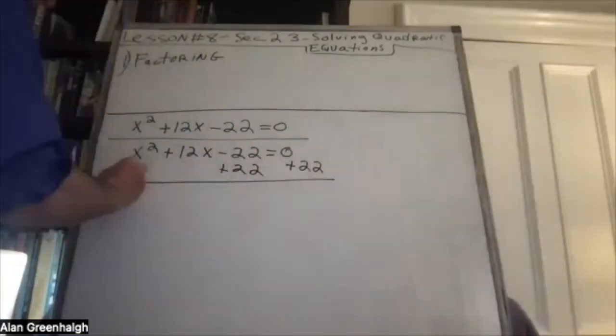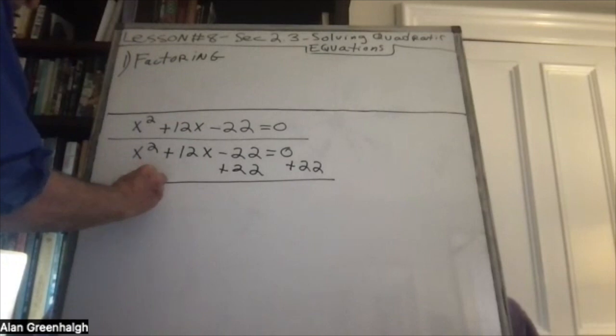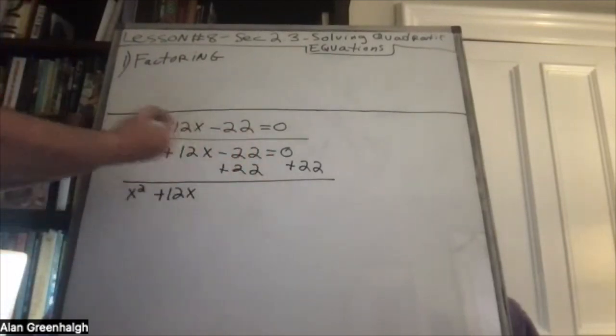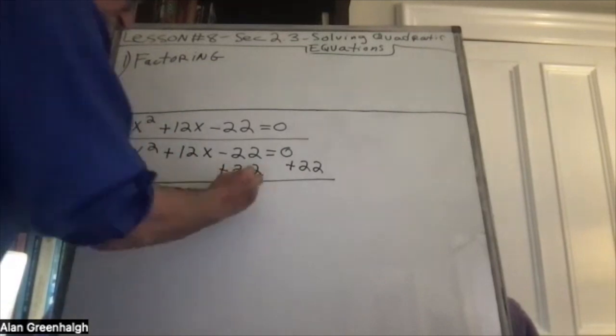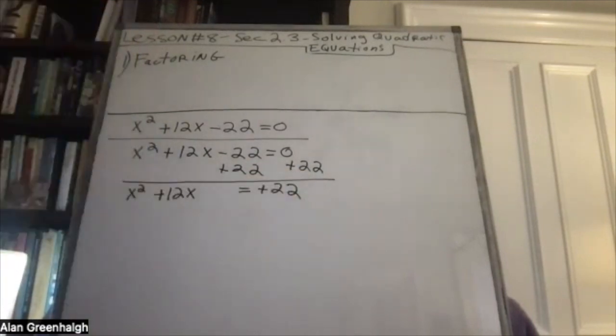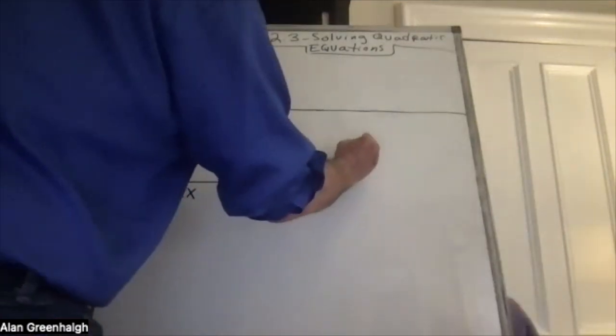Now, I know that this is unusual, to say the least, because I've just told you that you try to bring everything to the left, but not in this type of solution. In this type of solution, when you're not doing it by factoring, you bring the 22 to the other side of the equation. Okay, that's step one. Step two. So let's say step one.